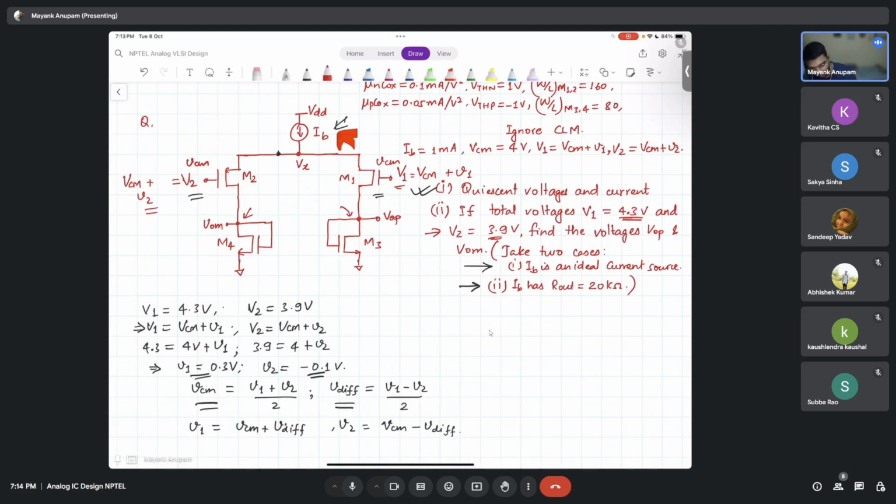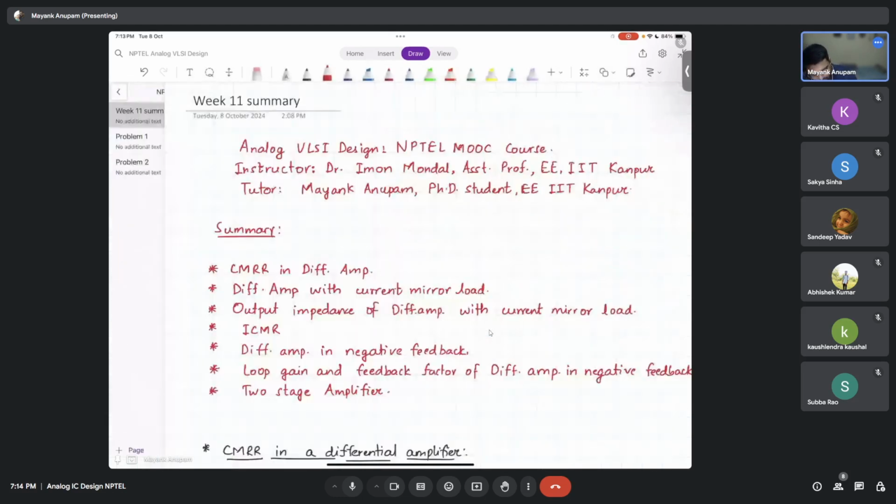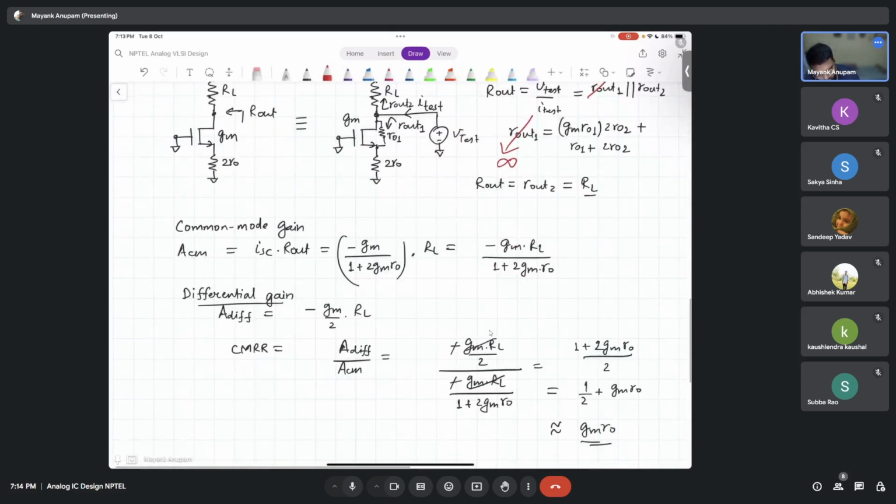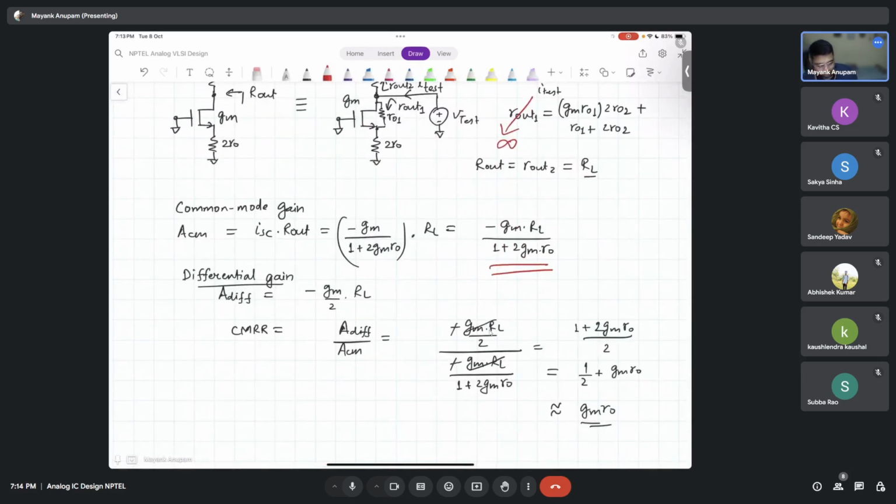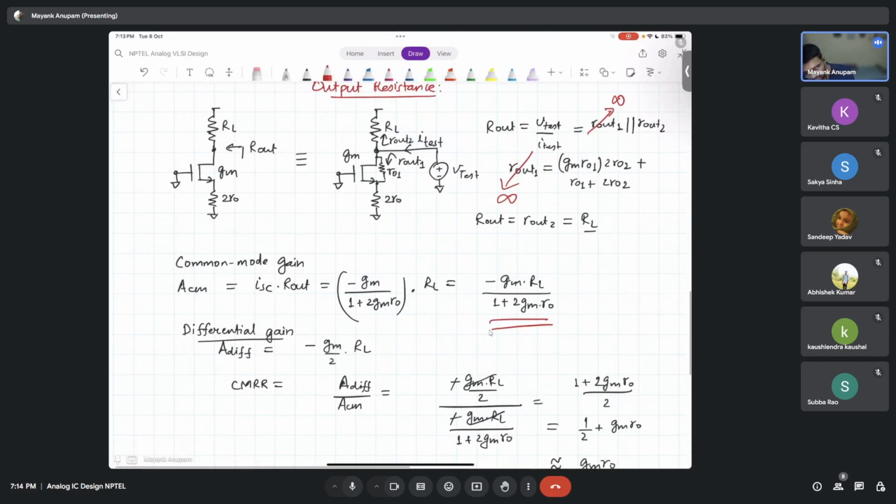Okay, let me rewind it to this place. So common mode gain is what? It is a very strong function of the output resistance of the current source, right? Now in the case where RO is infinity, what is going to be the common mode gain? Gm into RL.